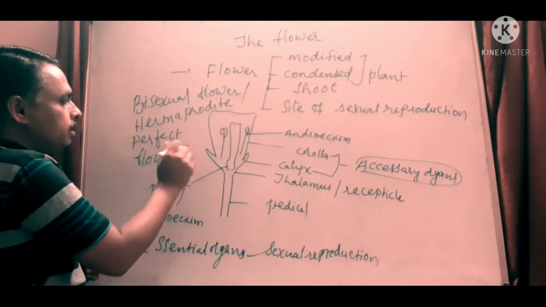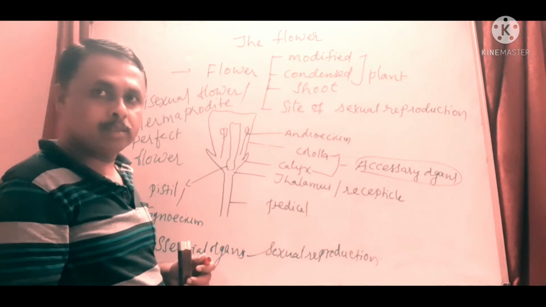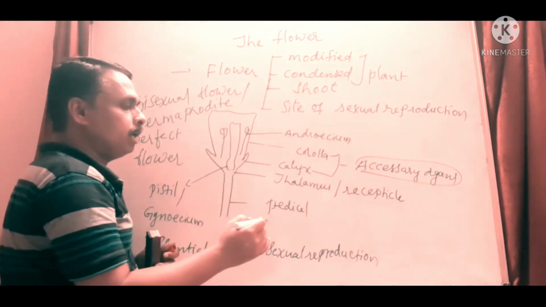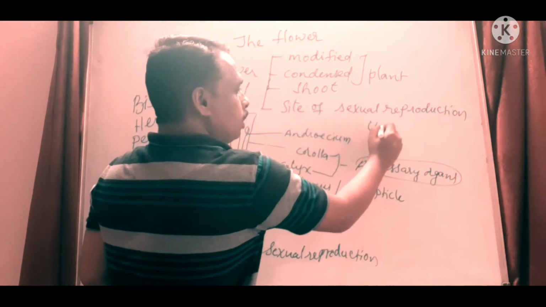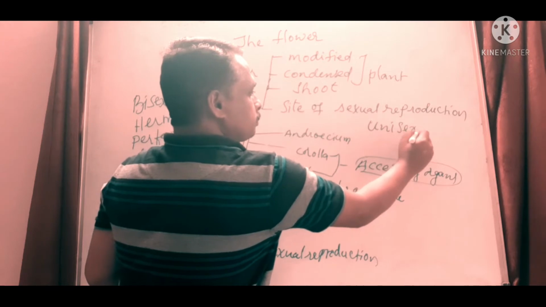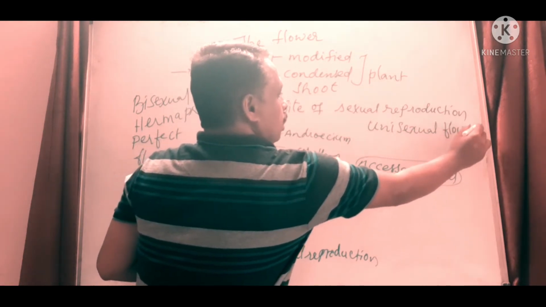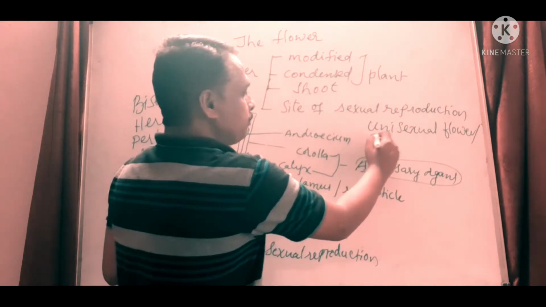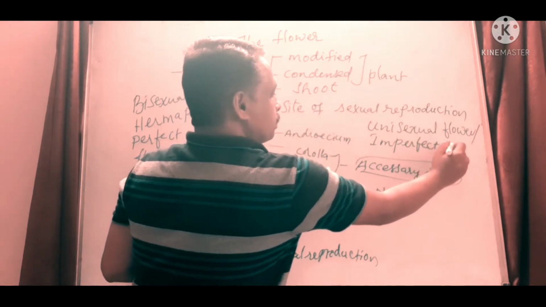Or else, if any one of these structures is missing, especially androecium and gynoecium, it is called an imperfect flower. They are called unisexual flowers, or otherwise imperfect flowers.